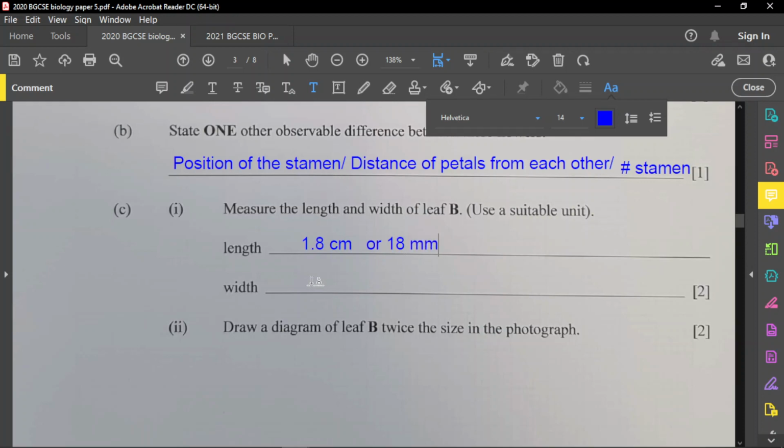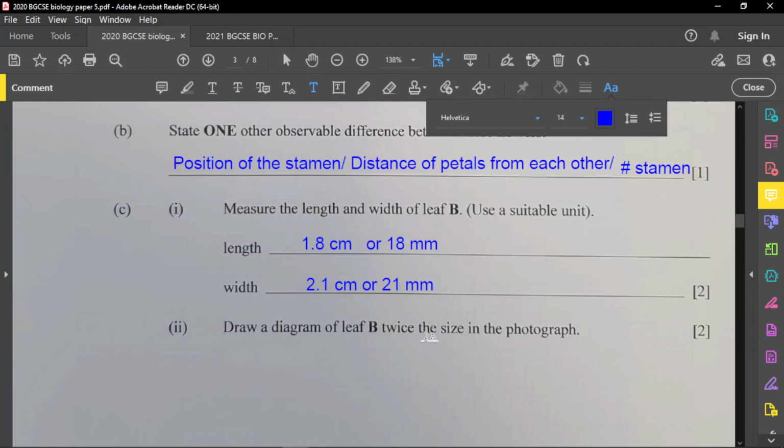All right, for small measurements, millimeters are the best, because millimeters will give you those small, fine readings. All right. And the width is 2.1 centimeters or 21 millimeters. All right, so those are the possible measurements right there.